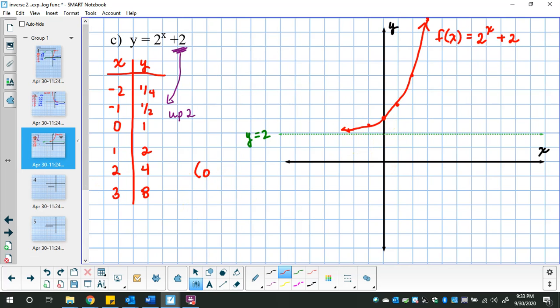So 0 across, 3 up. 1 across, 1, 2, 3, 4 up. 2 across, 1, 2, 3, 4, 5, 6 up. 3 across, 1, 2, 3, 4, 5, 6, 7, 8, 9, 10 up.